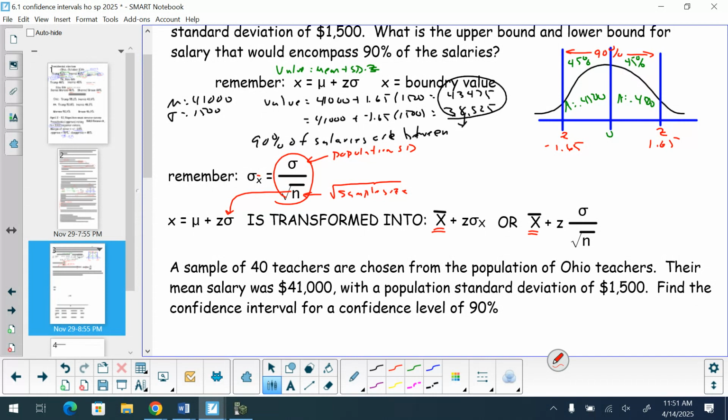So we have our sample mean, plus or minus z times our z value, and when we substitute in for our sigma, we have sigma divided by square root of n.